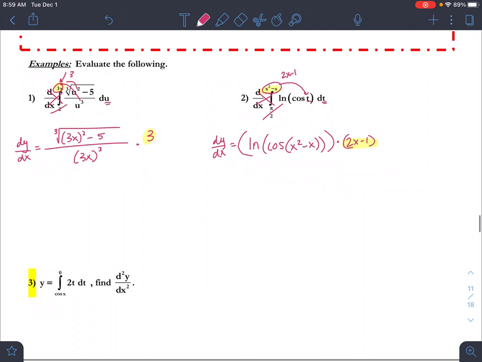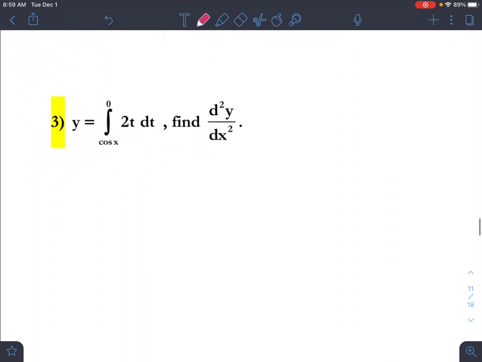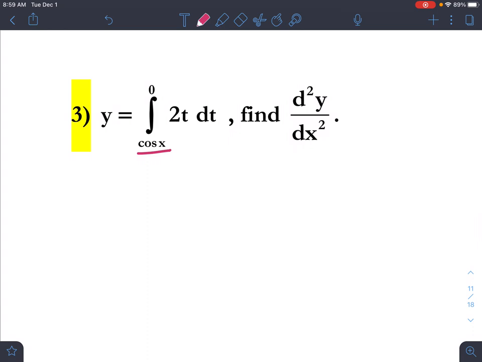Okay, last one here, number 3, we're going to try together and then we'll be all set. We are going to try to find the second derivative actually, and it's a little bit changed. You'll notice cosine of x is here and 0 is there. So I hope the first thing you're thinking is we should switch these because it's backwards, we want that variable to be on the top.